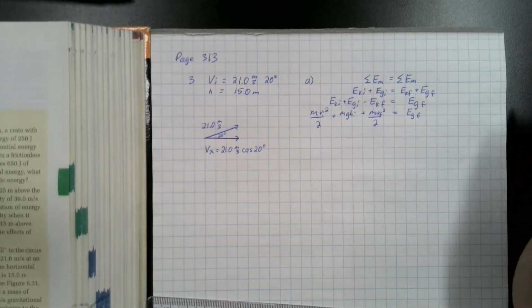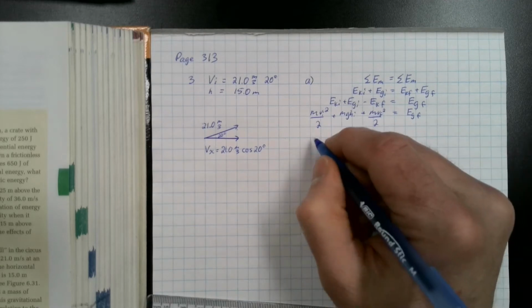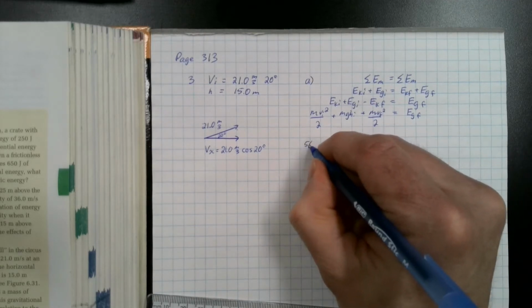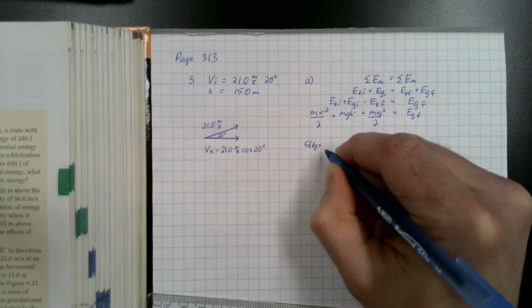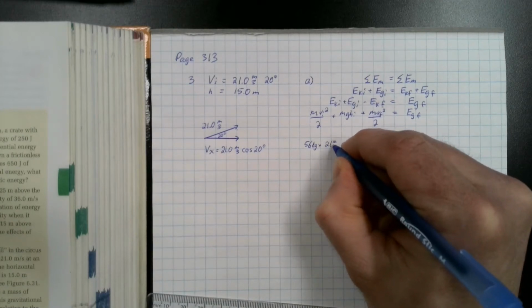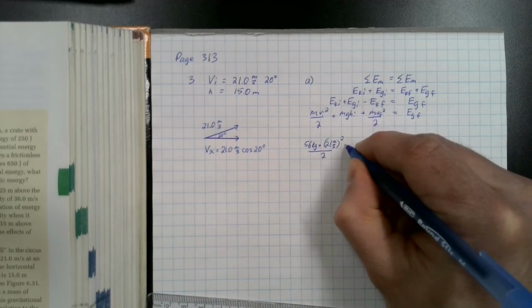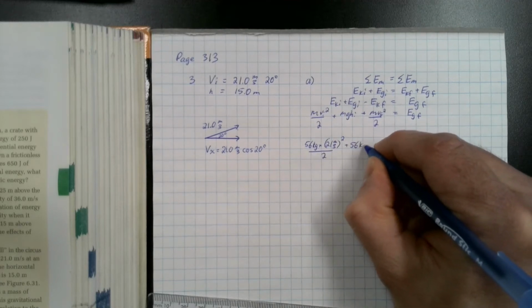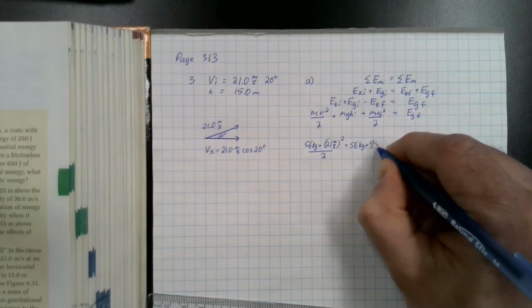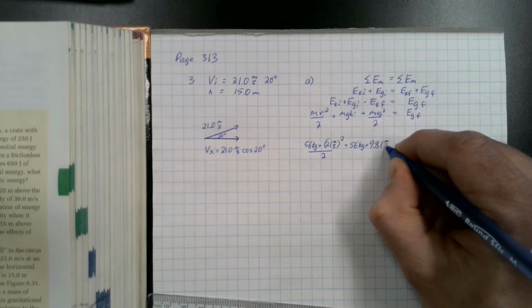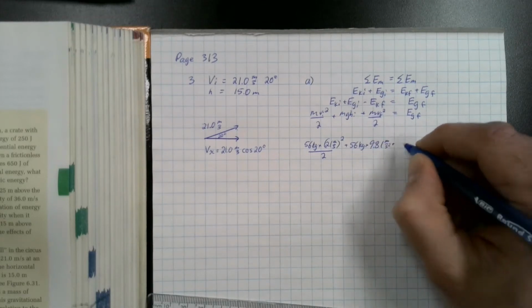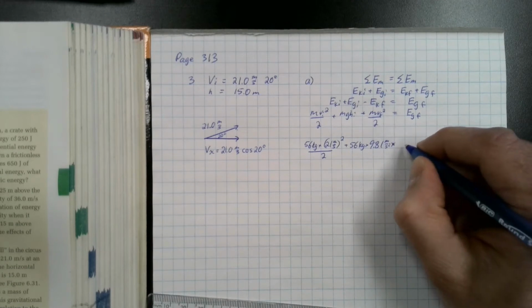So substituting in values, we need our mass, which is 56 kilograms. So 56 kilograms times our velocity, 21 meters per second, all squared, divided by 2, plus 56 kilograms times 9.81 meters per second squared, times our height, which is starting at 15 meters.